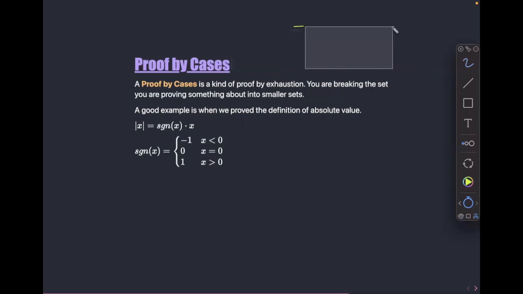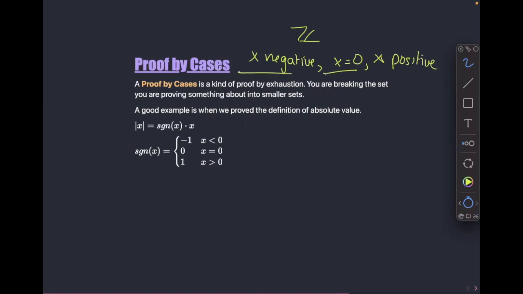Another common one you'll see, again if you're trying to prove it for all integers, is x negative, x equals 0, and x positive. If it's true for all negative integers, for the integer 0, and for all positive integers, then it's true for all integers. So again, it's just breaking up your set into sets whose properties can be helpful. And so I'm going to give you an example of a proof by cases.